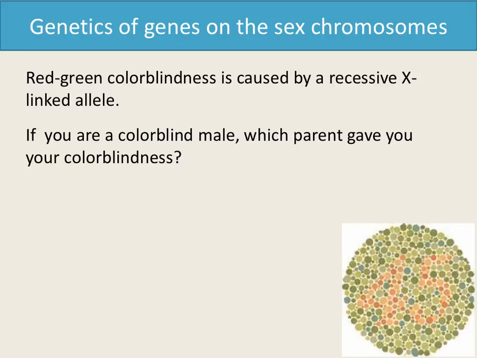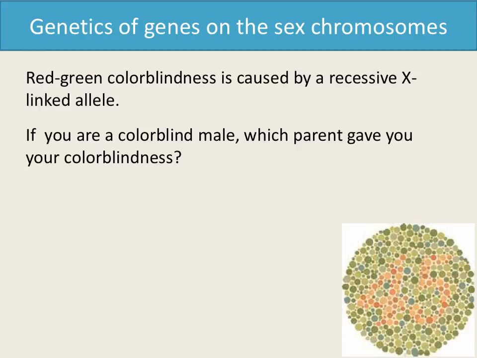So, if you are a colorblind male, which parent gave you your colorblindness? Well, colorblindness is on the X chromosome. So you got your X chromosome from where? Your mom.